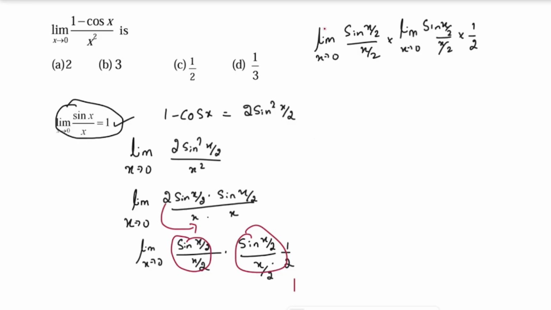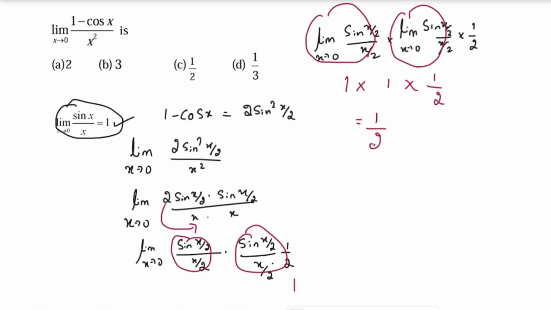This value will become 1 into 1 into 1 by 2. So the final answer is 1 by 2, children. So option C is the right answer.